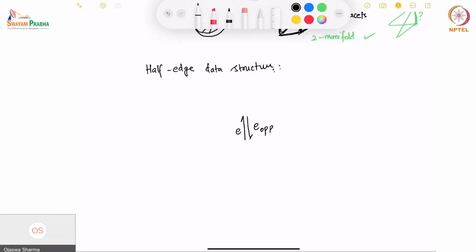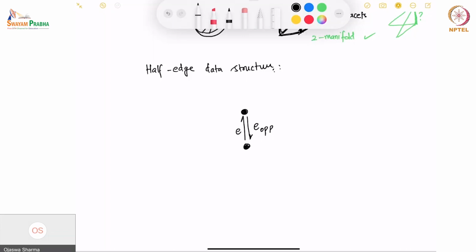That's my basic representation. Then that's my edge, right? So I have a vertex for which this E half edge is outgoing. Similarly, I have another vertex here. That's the origin vertex for E opposite.